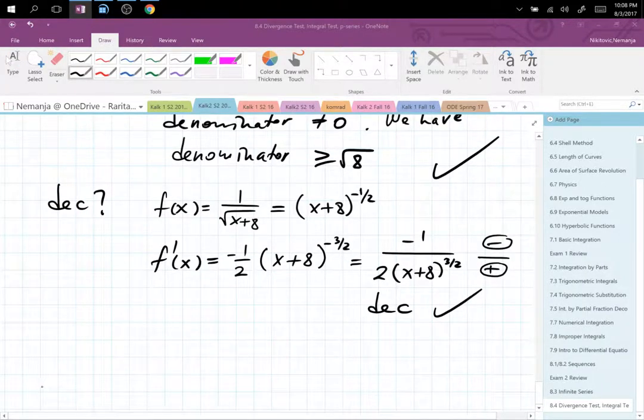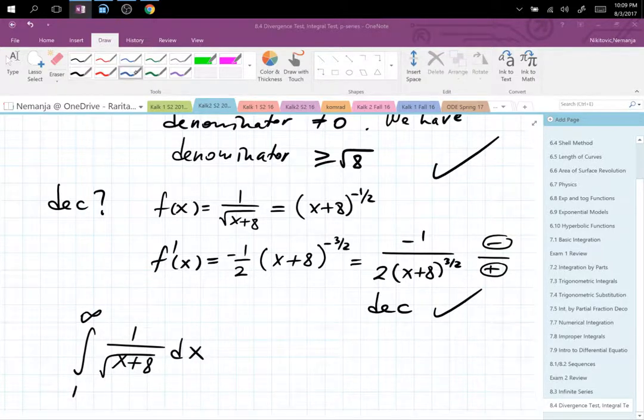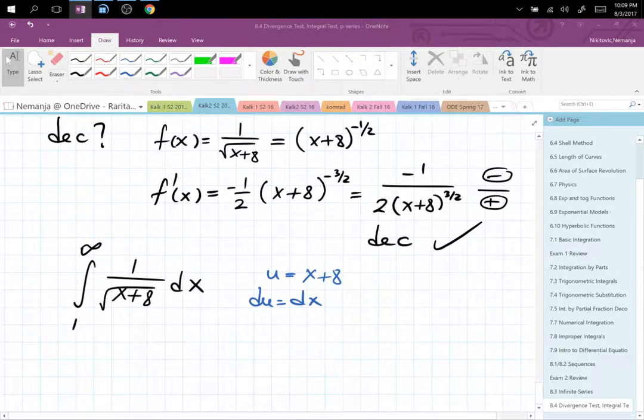Okay. So now all three conditions hold. Therefore, integral from 1 to infinity of 1 over square root of x plus 8 dx, u sub and the rest. So u is equal x plus 8, du is equal to dx. Plug everything in. We have the limit as b goes to infinity. Integral, plug in 1 there, there is going to be a 9 to b. And then we switch the limits, right?